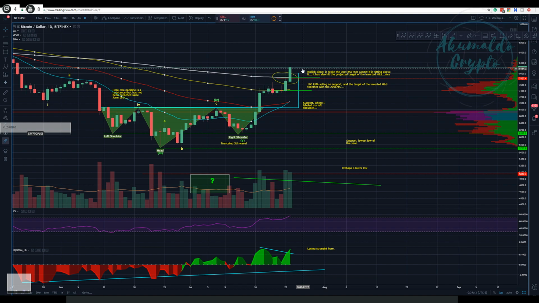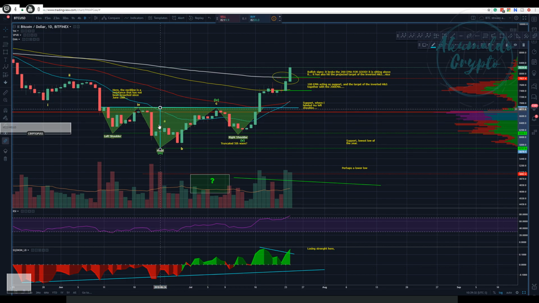We surpassed this. This was my prediction based on the neckline, from the neckline to the head. This was my projected range of price, and, let me see, actually we haven't hit it yet.